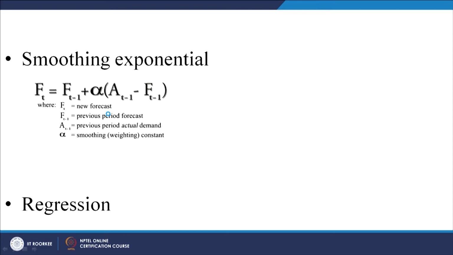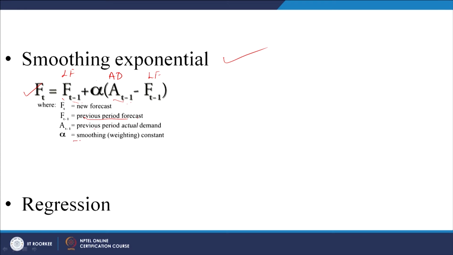There are other methods, for example, exponential smoothing. This is also largely used in forecasting and marketers use it very effectively. This method says the new forecast for today's period is equal to the previous period's forecast Ft minus 1 plus alpha times (At minus Ft minus 1), where At is the previous period's actual demand.